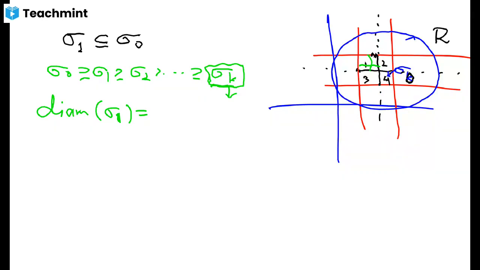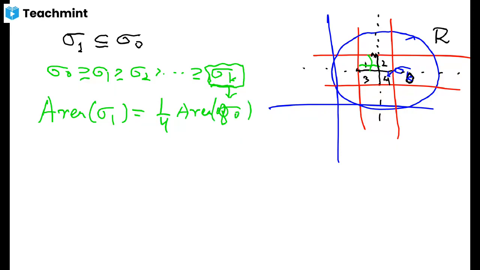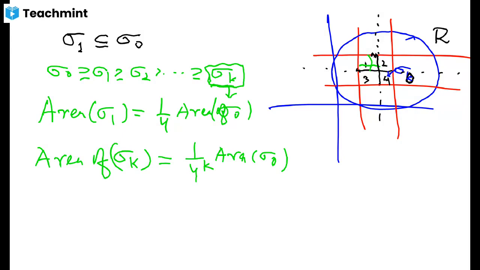So the area of sigma 1 is 1/4 of the area of sigma naught, and the area of sigma k will be (1/4) to the power k times the area of sigma naught. If this process goes on indefinitely, the area approaches 0 as k tends to infinity.